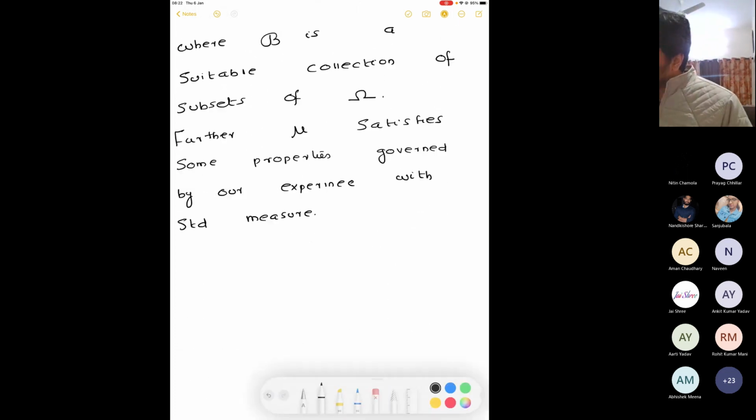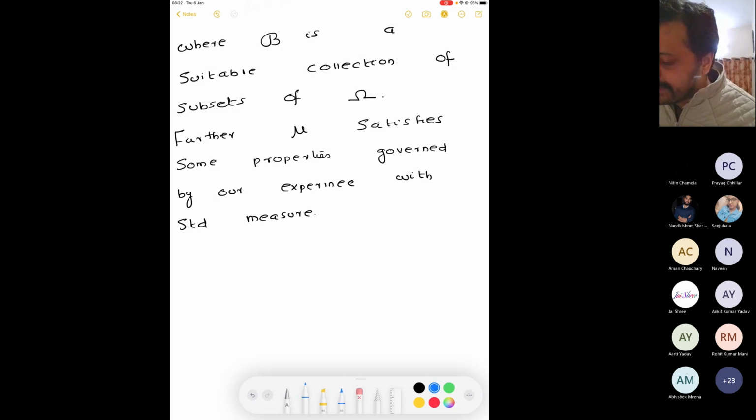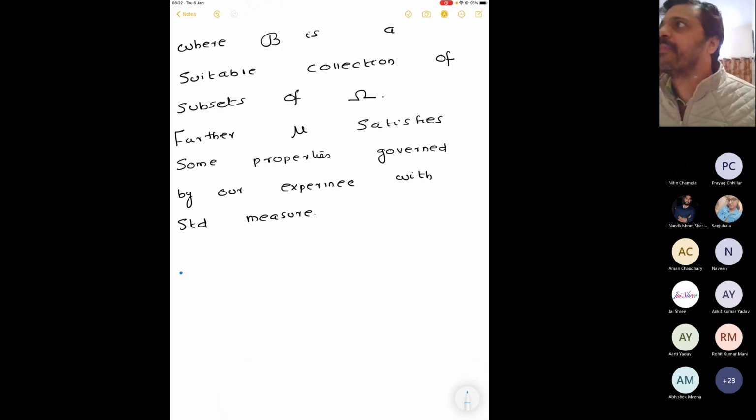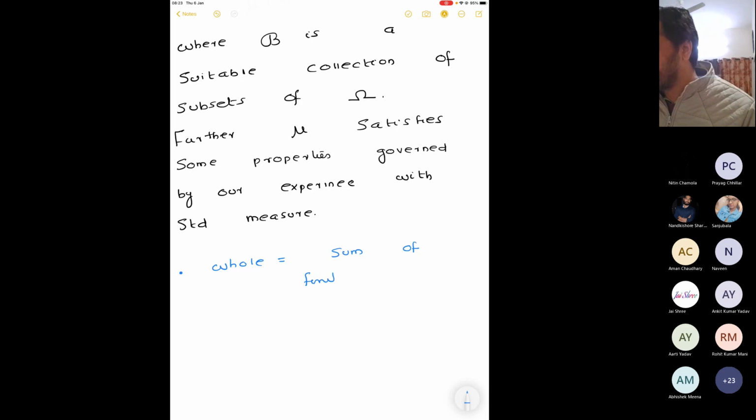For that, one thing I have hinted at in the previous lecture itself. One of the basic principles that we want is that the sum of individual disjoint parts should be equal to the measure of the whole. To put it in layman's language, the whole is equal to the sum of its parts, a finite number of disjoint parts.